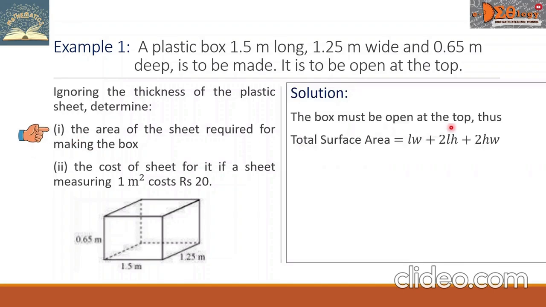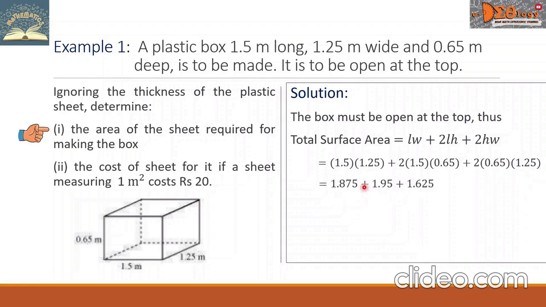The box must be open at the top. Thus, the total surface area formula will be like this: LW plus 2LH plus 2HW. Then we substitute the corresponding values. We have 1.5 times 1.25 plus 2 times 1.5 times 0.65 plus 2 times 0.65 times 1.25.